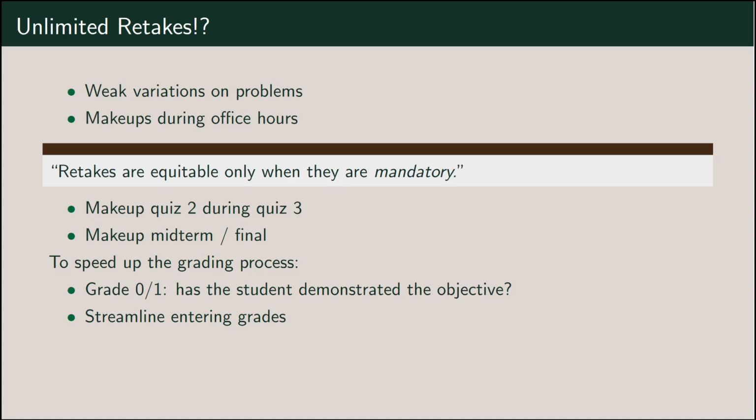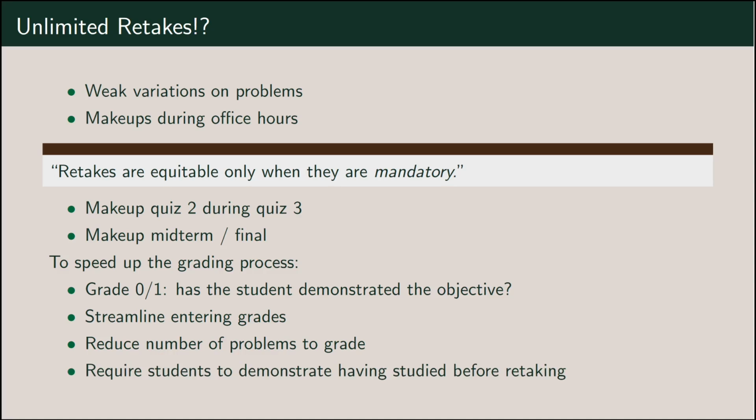If this is your first time trying a new grading system like this, don't feel bad substantially reducing the number of problems you plan on grading. Use a reduced list of course goals. And if a student consistently pesters you for retakes, feel free to require them to show that they've done some practice problems before retaking.